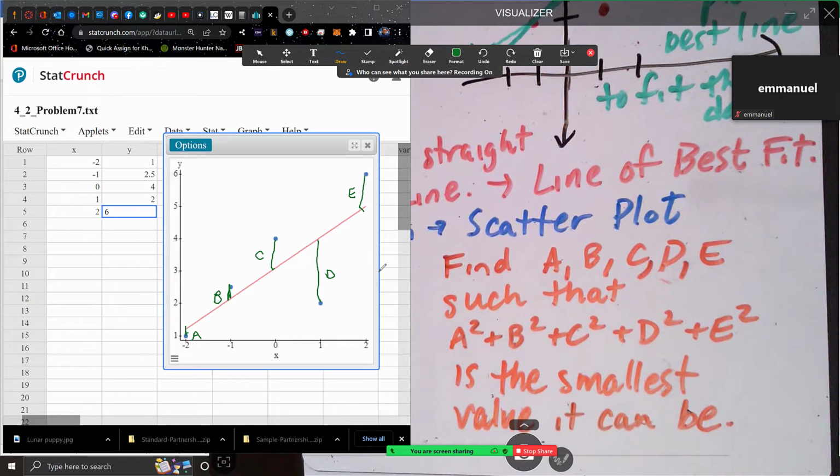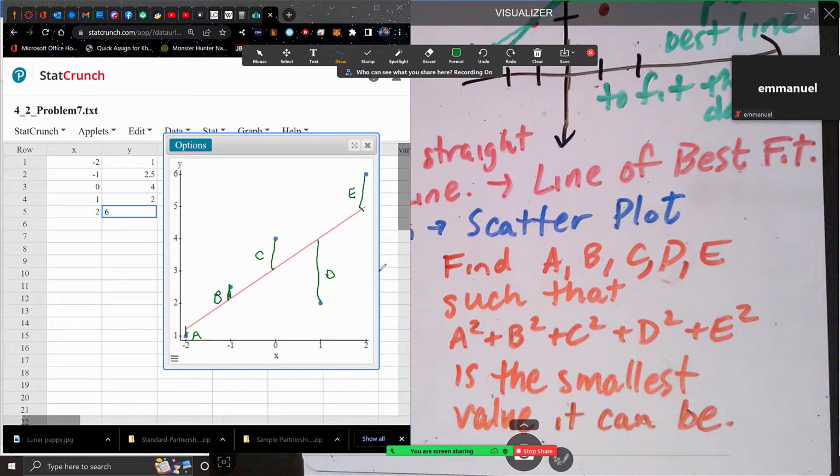And the computer went and figured that out all on its own. It tried a whole bunch of different lines. Well, no, not really. It used some equations to find it. Some math calculations, which I'll tell you what the equations are.